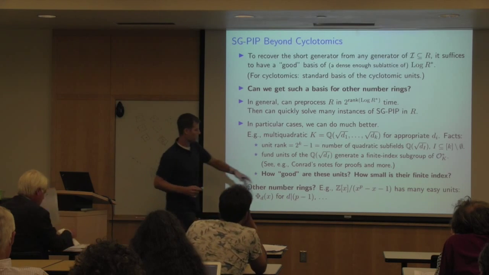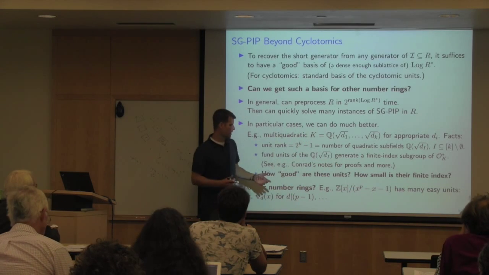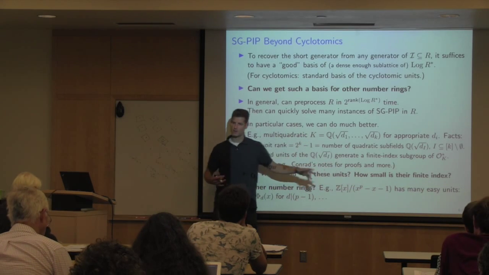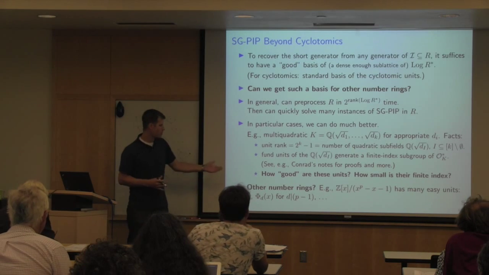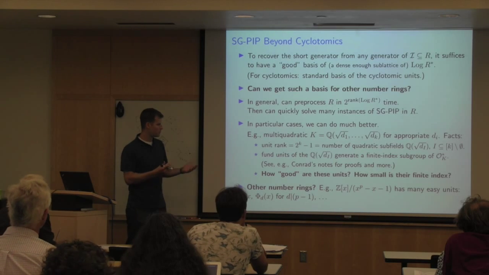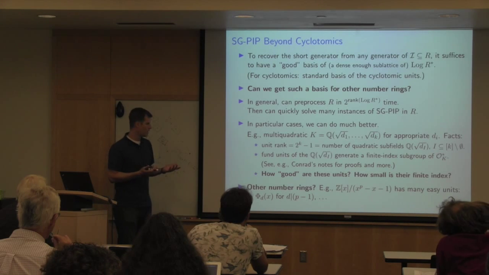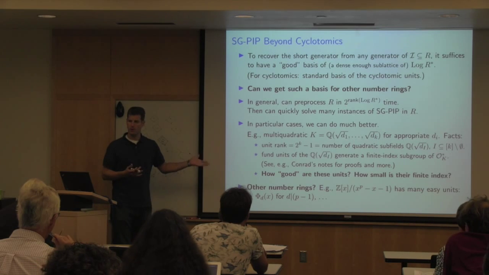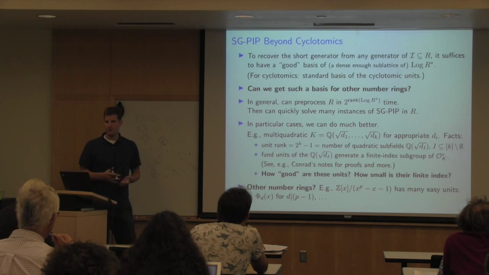That just comes from the equality x to the p minus x equals 1, which is a unit, and then you factor x to the p minus x into all of these. So these are all units. They're not all multiplicatively independent, but if you take several of them, oftentimes they are, and oftentimes they look geometrically pretty good. It's far from a full generating set for the unit group, but it's a start. That gives you something.